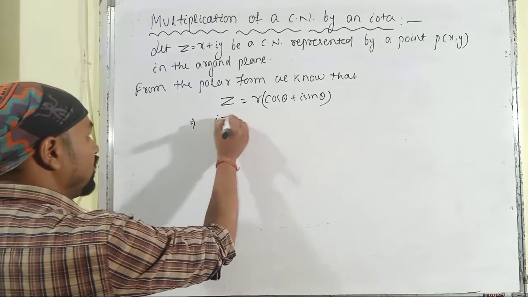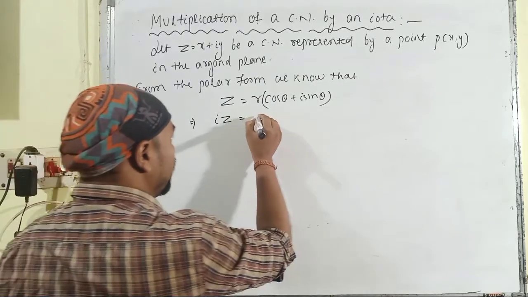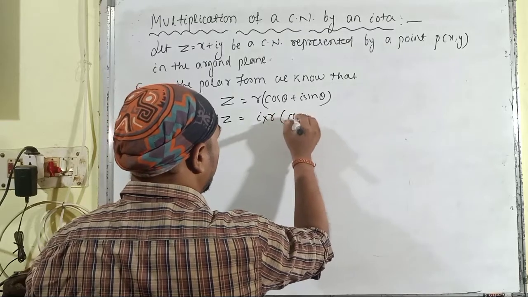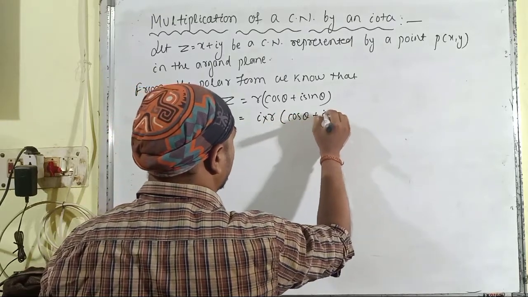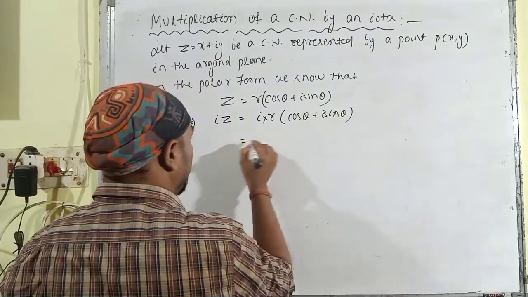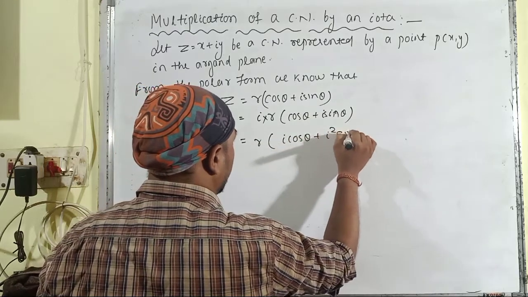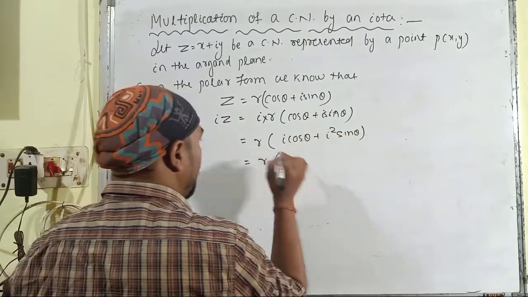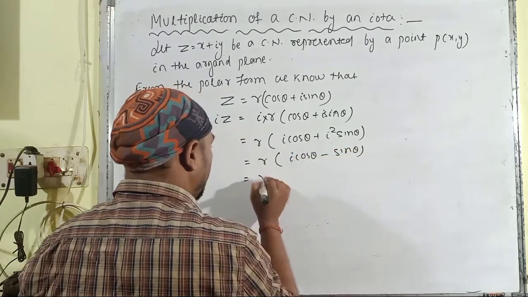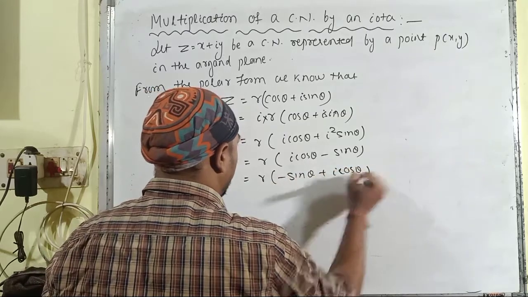Let us multiply this complex number by iota, that means i. Then it becomes i multiplied with r (cos theta + i sin theta). Then it is r (i cos theta + i² sin theta). Then this is r (i cos theta − sin theta), that means r (−sin theta + i cos theta).